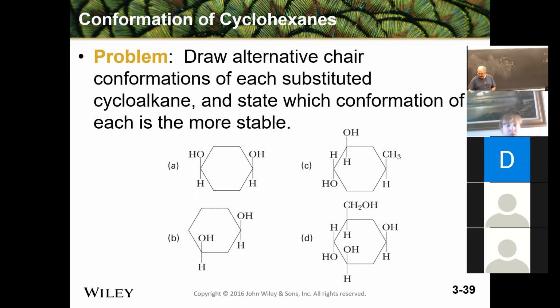Let's look at cyclobutane next. In cyclobutane, we have a 4-membered ring. In a square, bond angles are 90 degrees.